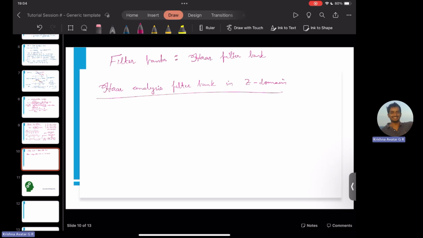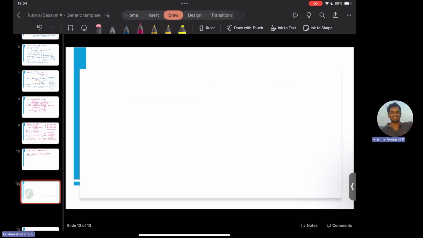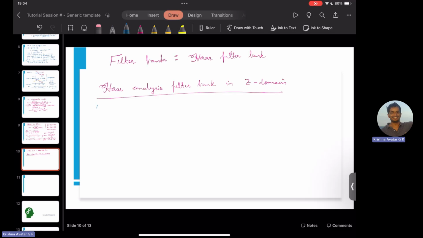So before that, let's try to understand the properties of the Z transform. So the Z transform is a transform applied to discrete signals.